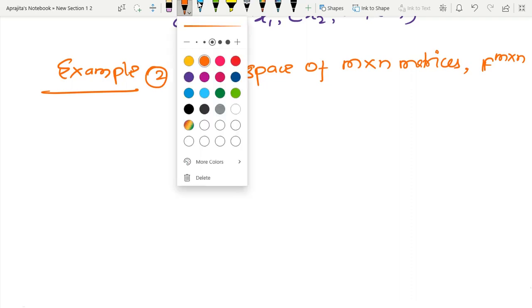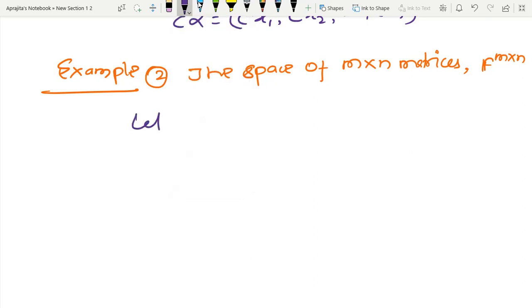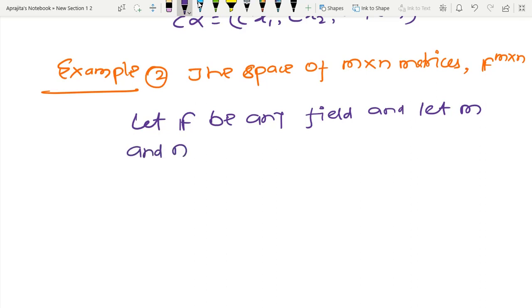So let F be any field, and let m and n be positive numbers.